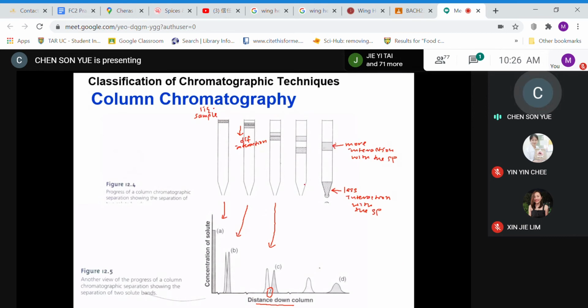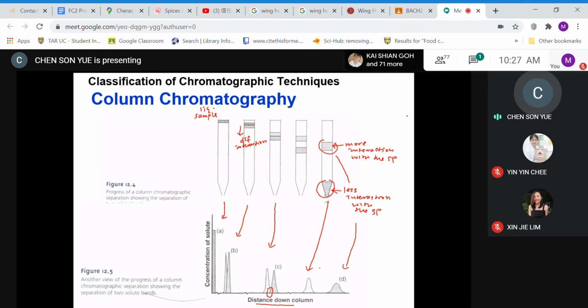So the first band here, I hope it refers to this band, and this band should refer to this. They descend down the column, so this one is far away, so this will be the top one and this will be the bottom one. Anyway, this is just the general concept here.